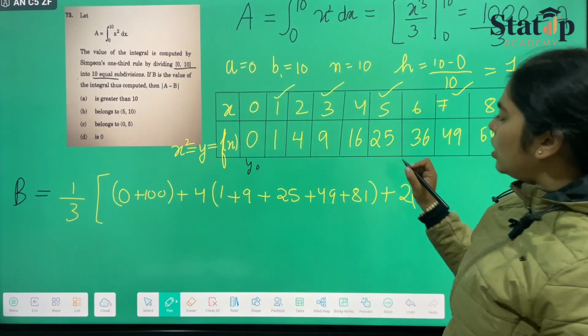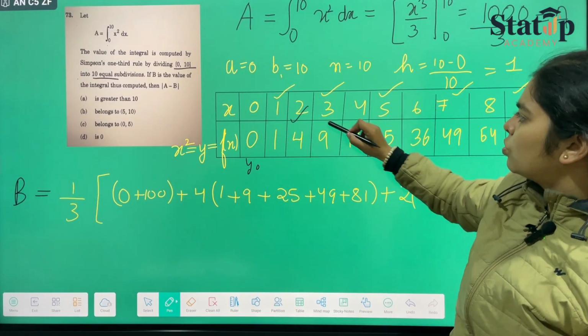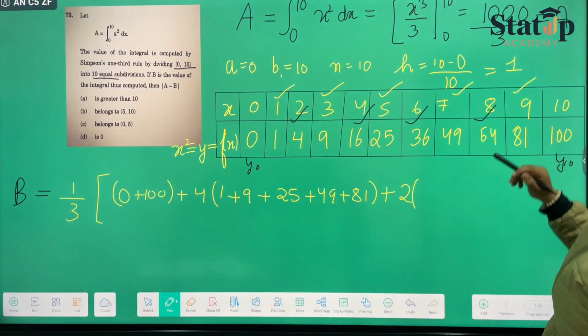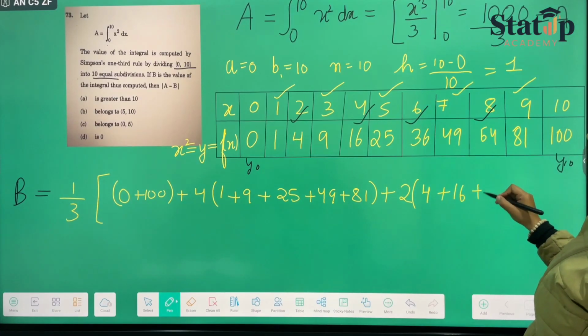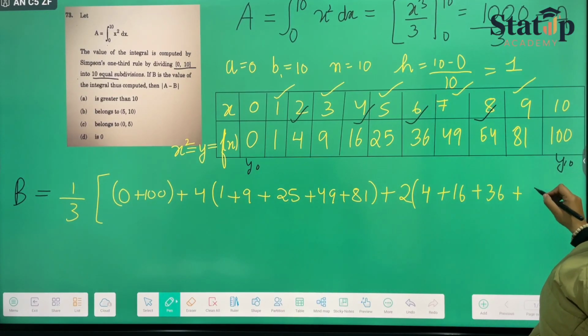Plus 2 into all the even terms 2, 4, 6 and 8. So 2 is 4, 4 is 16, 6 is 36 and 8 is 64.